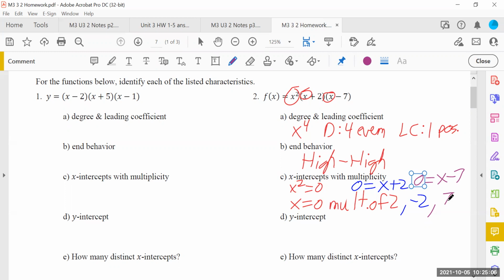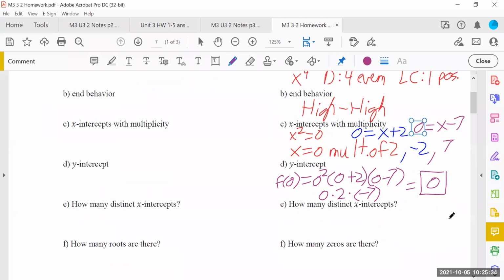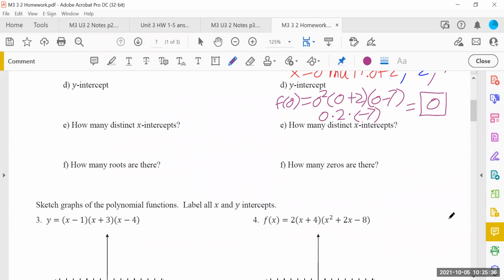The y-intercept, I'm going to put 0 in for x. So f of 0 equals 0 squared times 0 plus 2 times 0 minus 7. That ends up being 0 times 2 times -7, which is all just 0. That's my y-intercept. So how many distinct x-intercepts do we have?